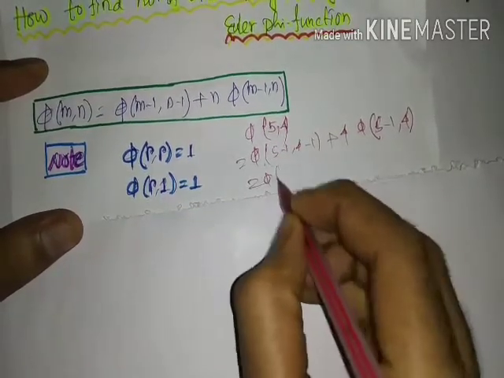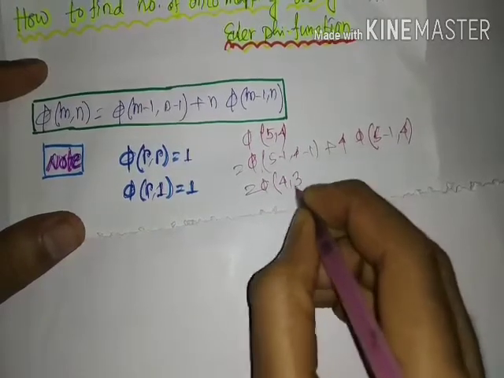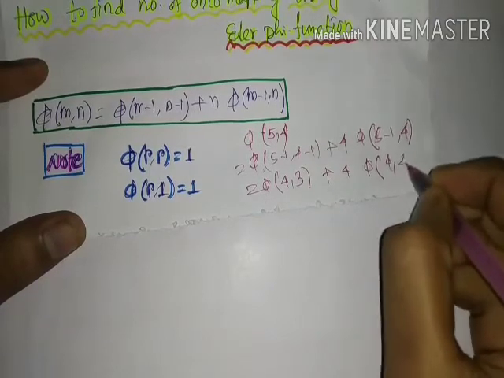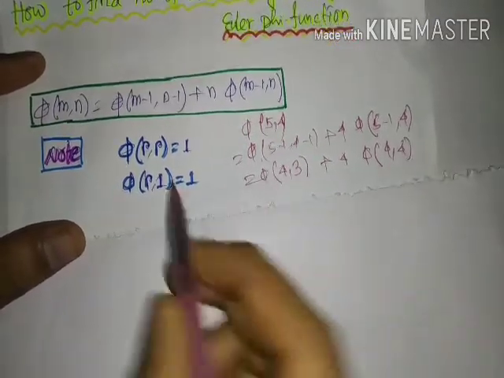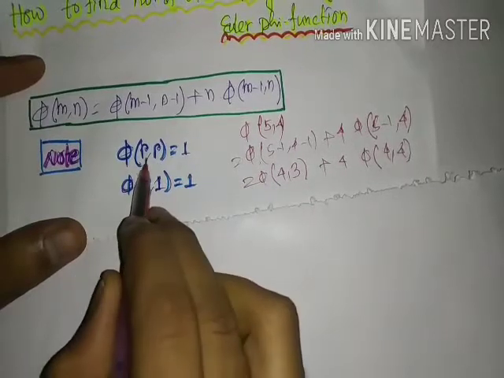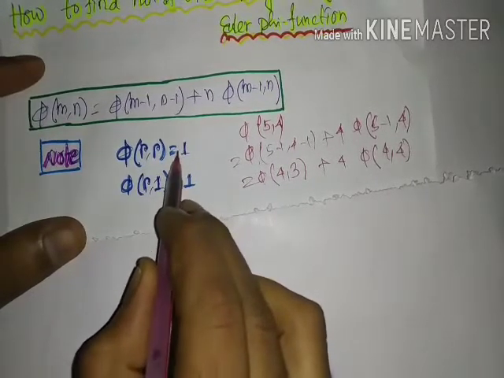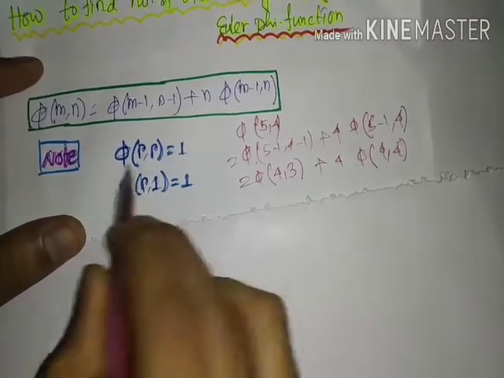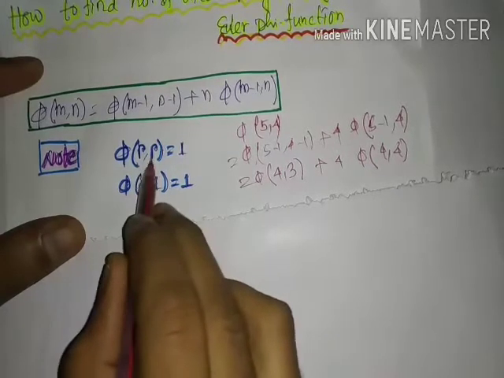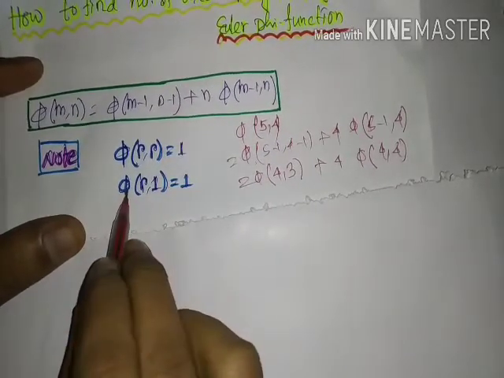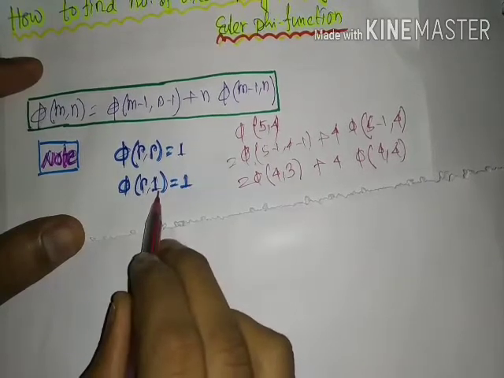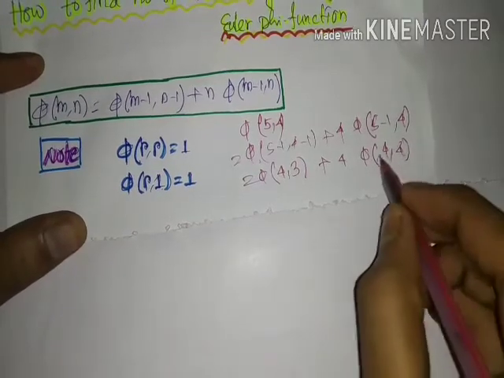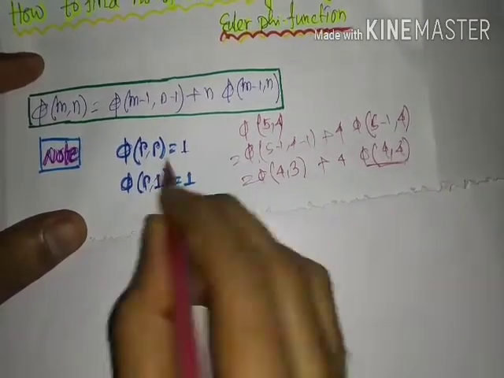So this is phi of (4, 3) plus 4 into phi of (4, 4). If phi of (r, r), then it is 1. If phi of (r, 1), then 1. If the two coordinates become equal, then it gives value 1, and if the second coordinate becomes 1, then it also gives value 1. So the value of this is 1 using this formula.